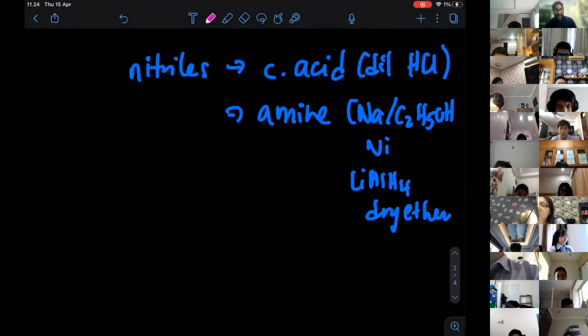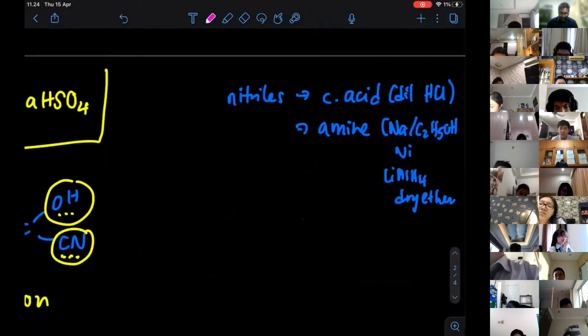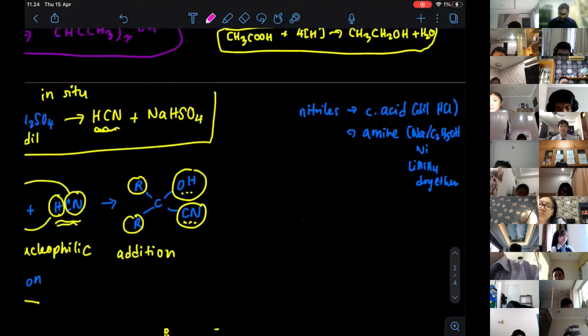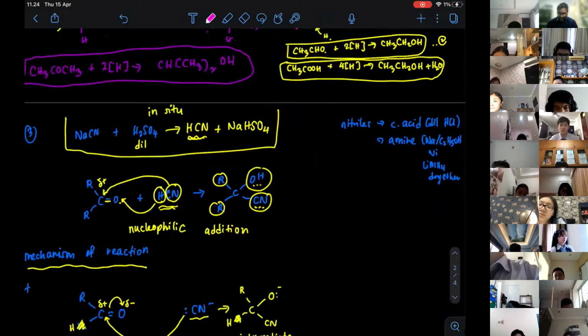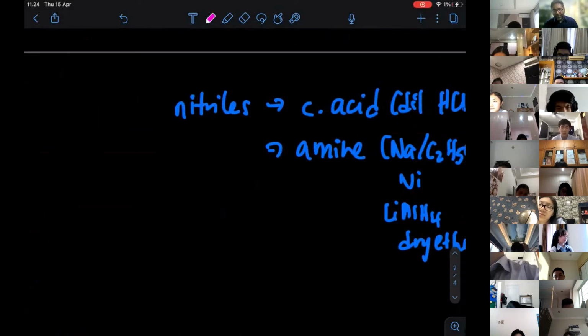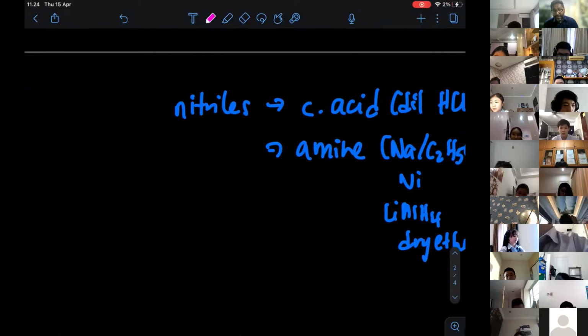You see the nitriles, CN. Just now we formed something with CN, nitriles. I want you to remember the RCN. We have learned about reactions of this RCN. One, we can use it to form carboxylic acid.